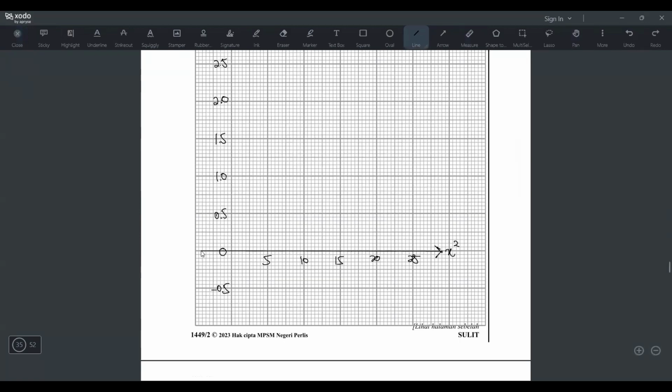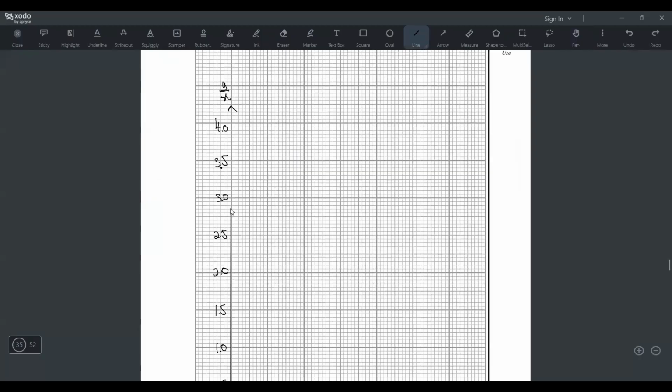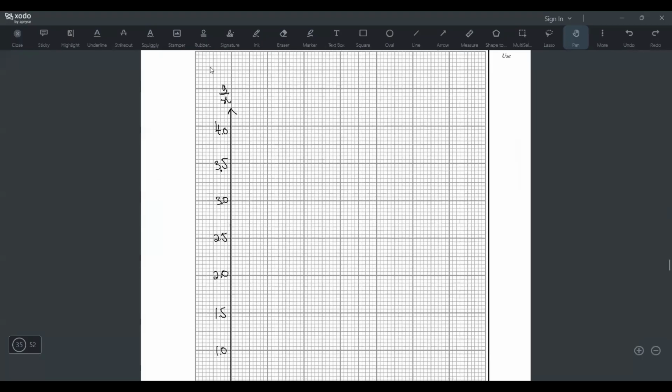Okay, now it's time to draw the axis. So I'll draw like this, and then the other axis would be like this. Okay, so this is the axis. Now you can write the title.